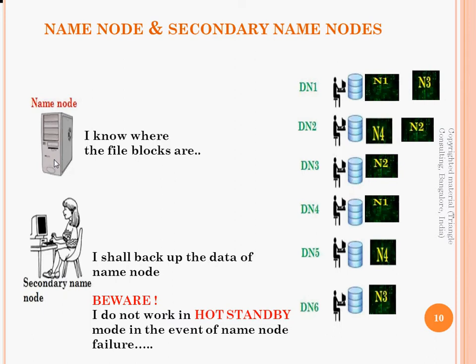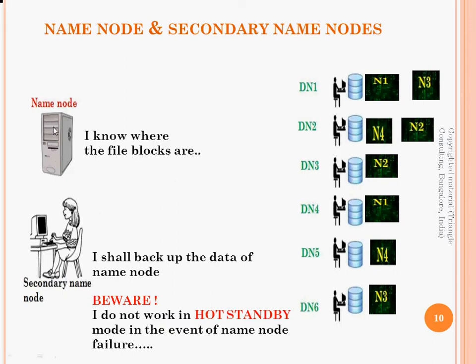So for the file blocks, it would have various attributes like what is the original parent file name, how many file splits the original file has, what is the replication factor, what is the size of each block, and on which data node each of these blocks is residing. All this information is present in the name node.